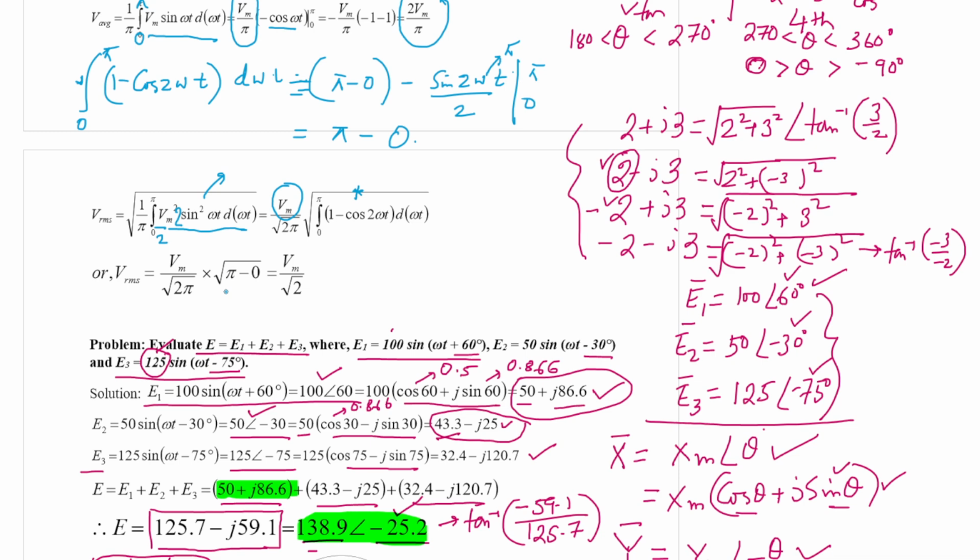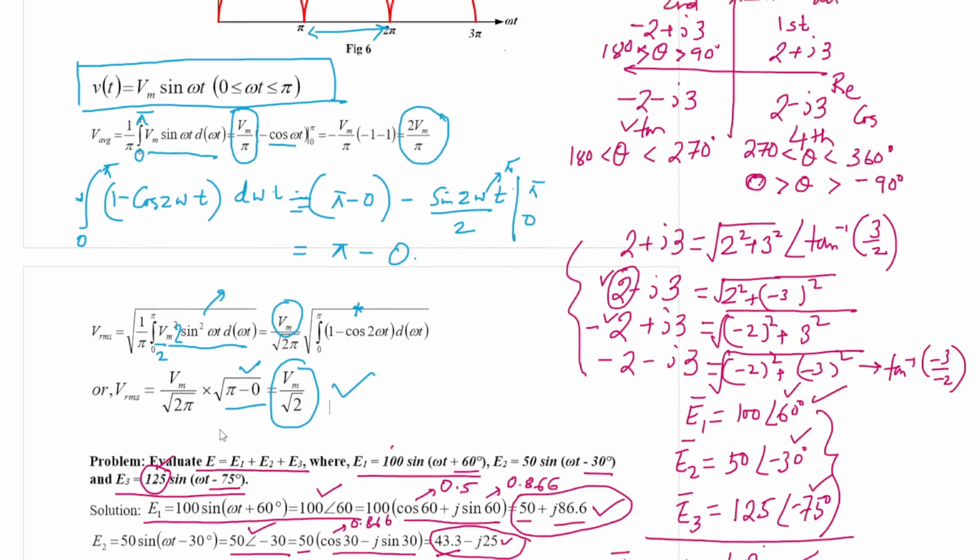So it will be pi minus 0. It is okay as far as the result. So it will be Vm by root 2. The result is Vm by root 2. So the RMS value of this signal is Vm by root 2.